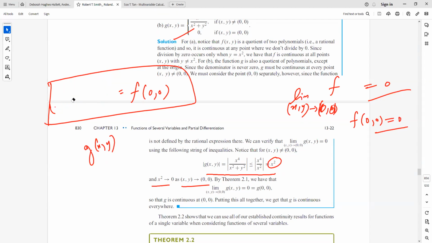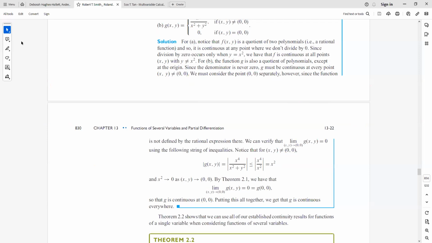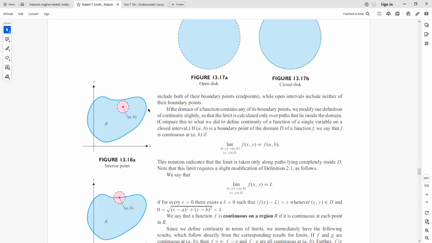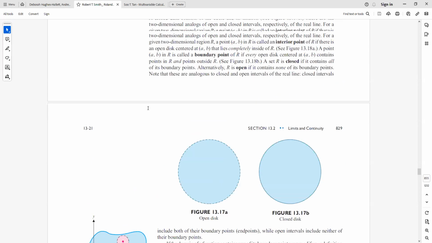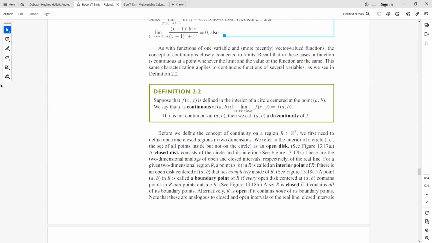Let's write g, because in the question the function is given as g. Therefore, the limit as x comma y goes to 0 comma 0 of the function g equals the value of the function at that point, which implies that the function is continuous, right? Going back to the definition, suppose that f of x, y is defined in the interior of a circle centered at this point a, b.